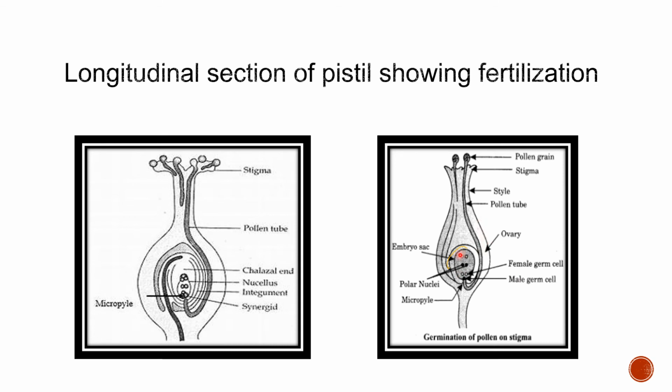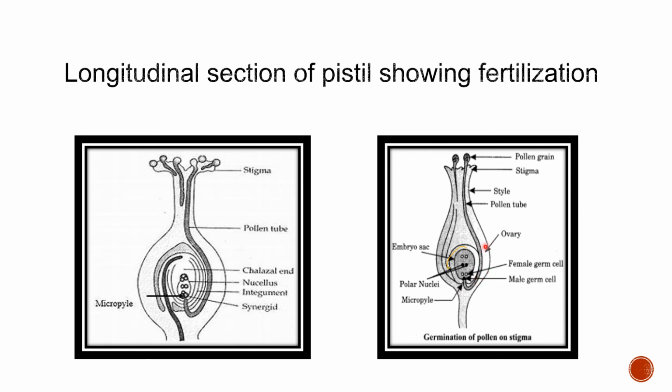It will again fuse with the two polar nuclei, or the diploid secondary nucleus. So the two polar nuclei with the fusion of another male gamete combine to form 3N. So the endosperm is 3N and the zygote is 2N.